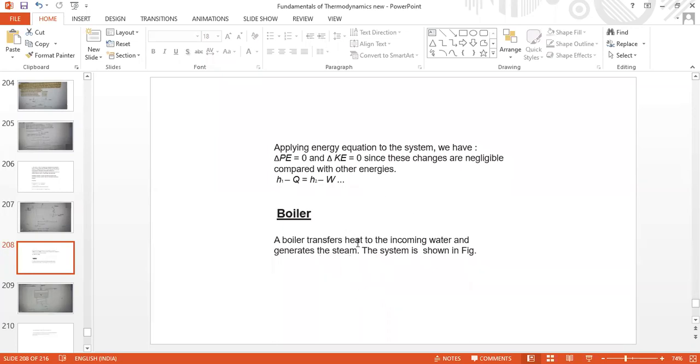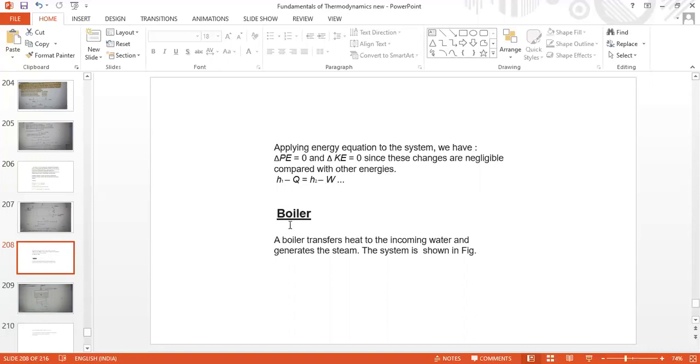The vessel containing water will absorb some heat externally, and therefore, because heat is being absorbed, heat is taken to be positive. So in the equation, H1 plus Q you have to use, and a boiler does not require any work, nor will it produce any power. That means a boiler will have no interaction with work.